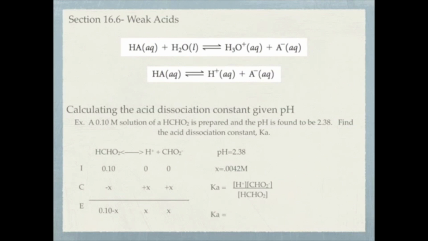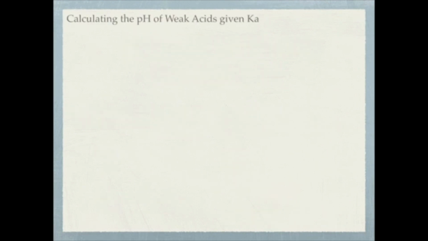So now I know my Ka equals, well, the 0.0042 times 0.0042 divided by the concentration of the acid, which by subtracting I find is 0.0958. And so my Ka for this is going to be 0.0018. And that's it.